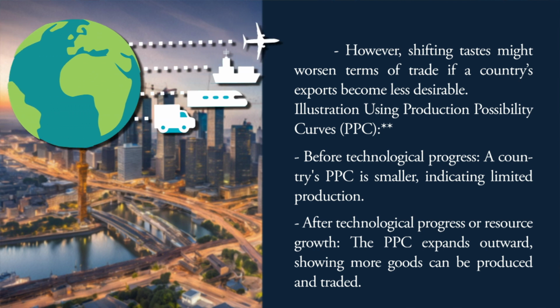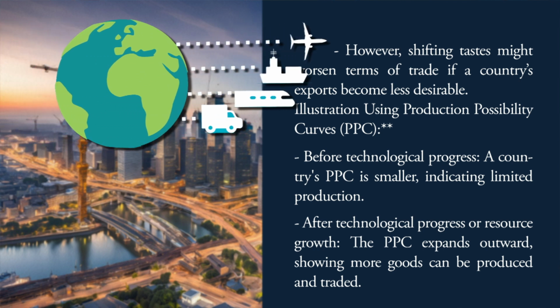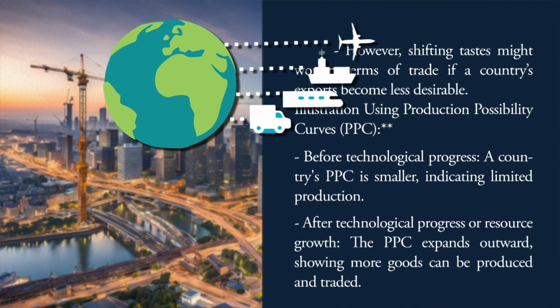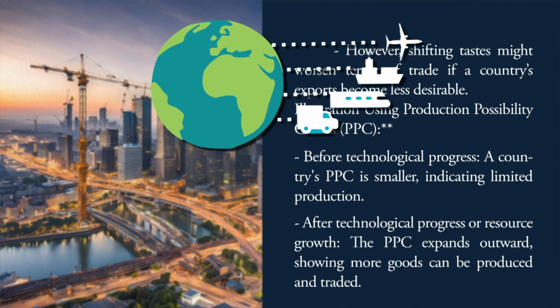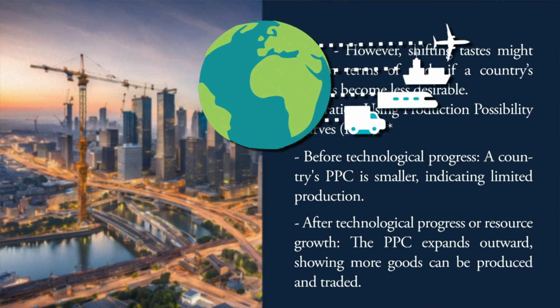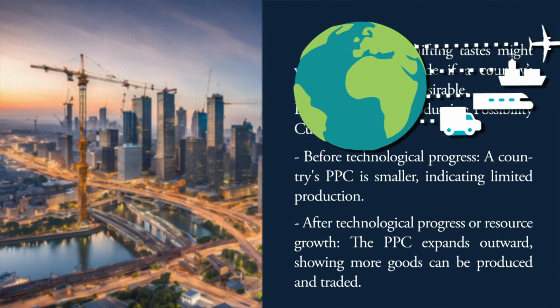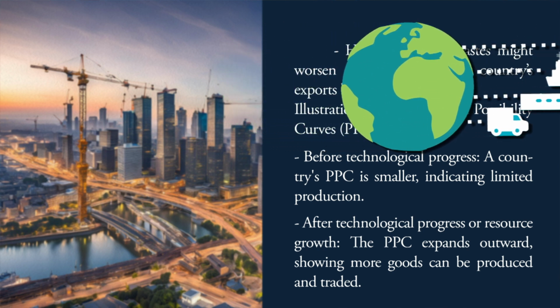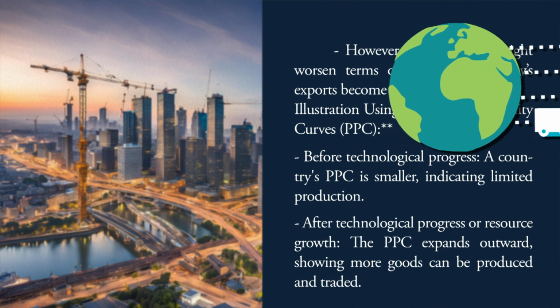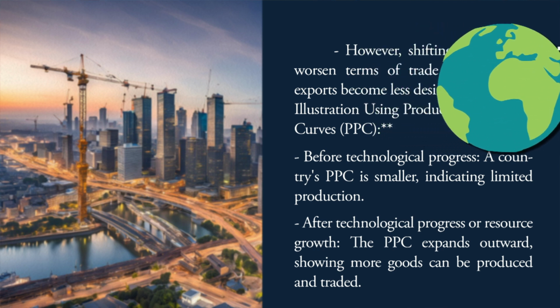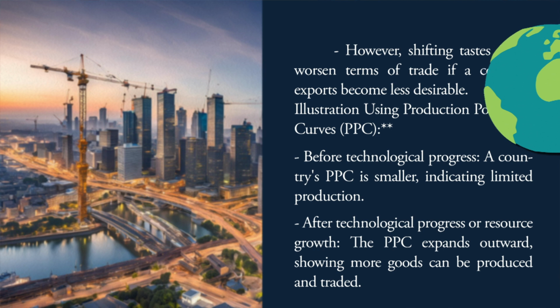Now we will discuss some illustrations using production possibility curves. Before technological progress, a country's production possibility curve is smaller, indicating limited production. After technological progress or resource growth, the PPC will expand outward, showing more goods can be produced and traded.